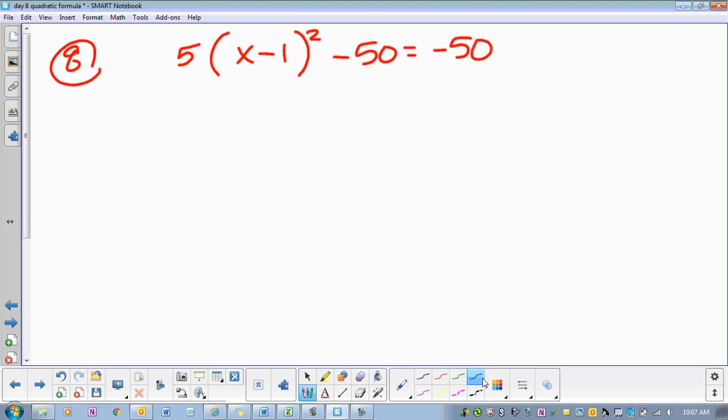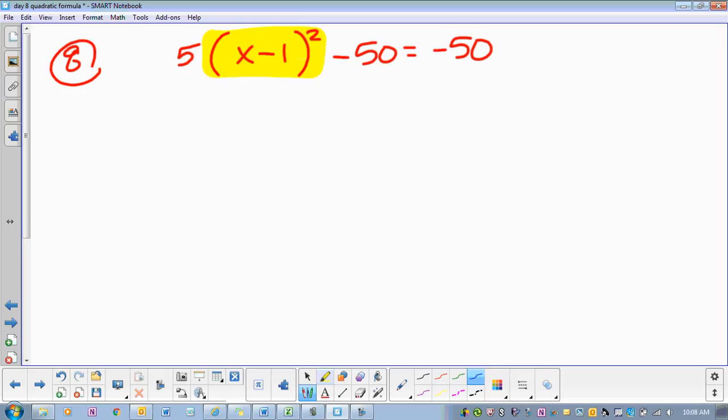Okay, so with this one, you're still trying to get the squared term all by itself, and it's this guy right here. Okay? So what do I need to do first? No, you don't want to distribute. Add.